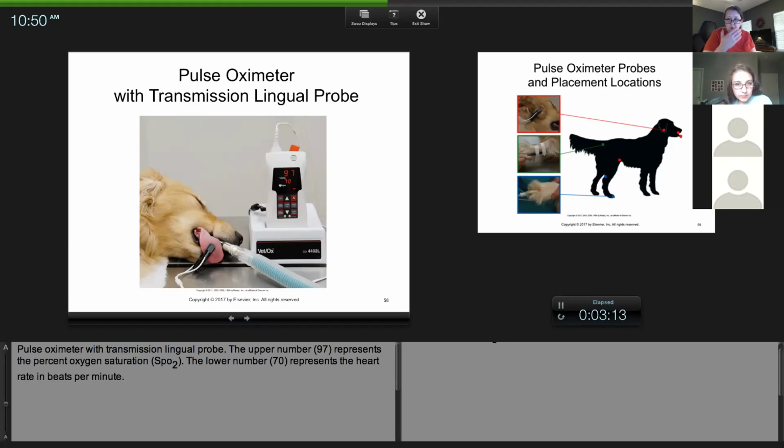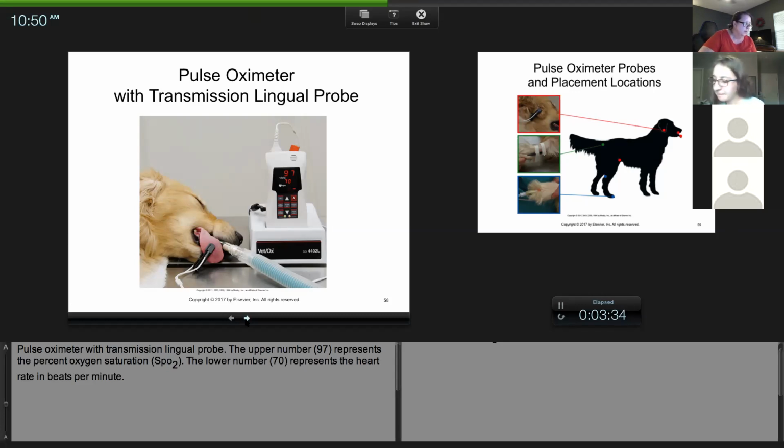Pulse oximeters will usually give you a percent saturation and a pulse because they're on the tongue and they're measuring off of the mucosa and they will sense the pulse. So that's the nice thing, you get two values with it. You get a pulse of your patient and you get the oxygen saturation of your patient.